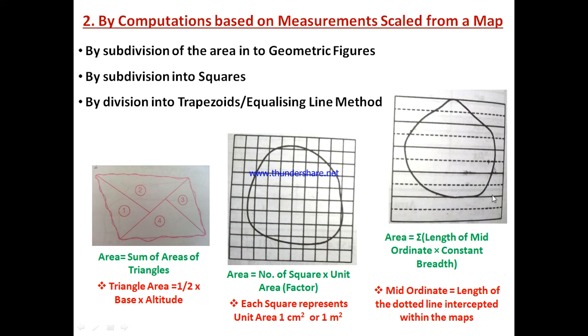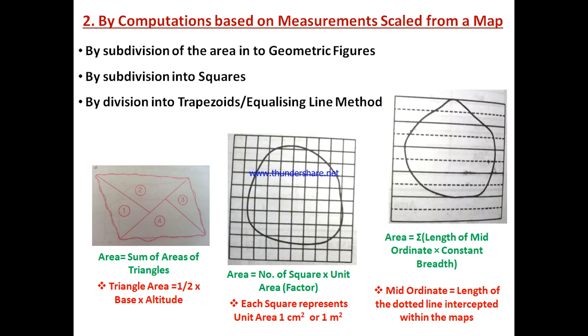This dotted line will represent a mid-ordinate value. The constant between the consecutive parallel lines will represent some distance in meters or links or chains, whichever we have taken. The mid-ordinates between each pair of lines are drawn in different colors, or in a dotted manner.